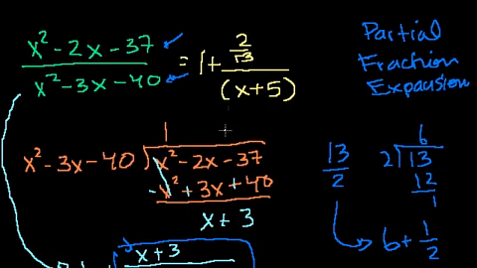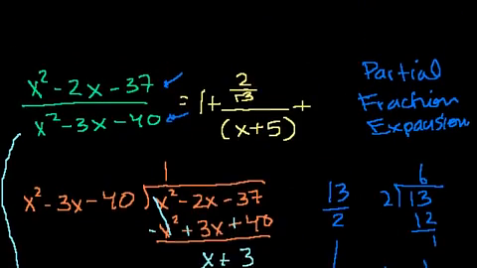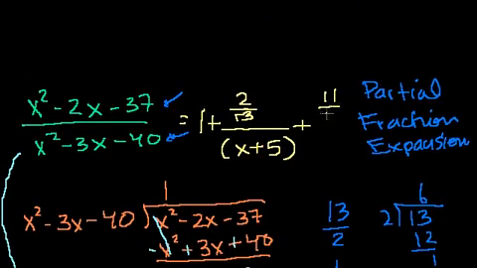You could bring the 13 down here if you want to write it so you don't have a fraction over a fraction. Plus 11 over 13 times 1 over x minus 8. And once again, you could bring the 13 down so you don't have a fraction over a fraction.